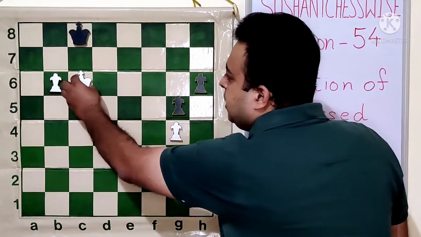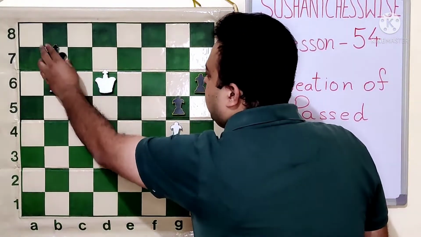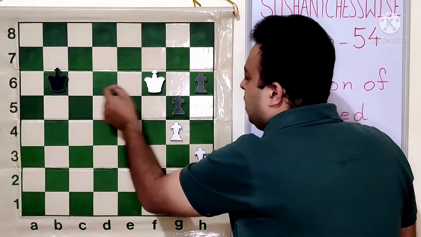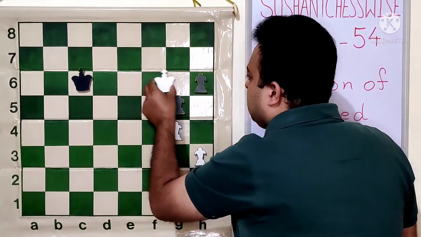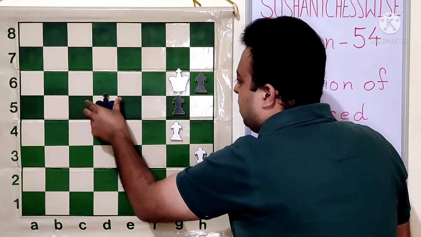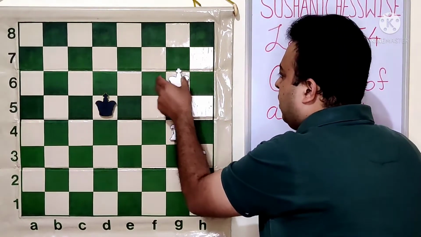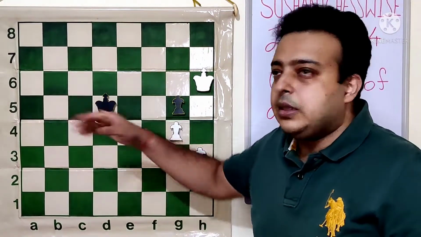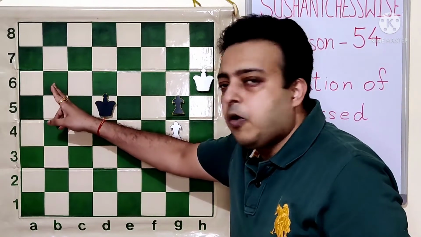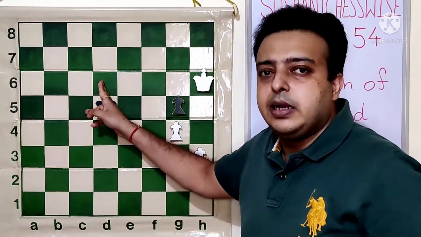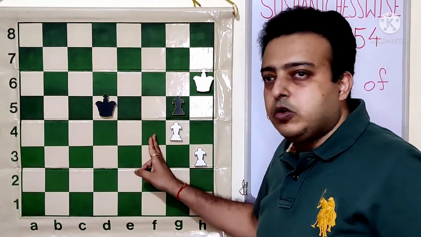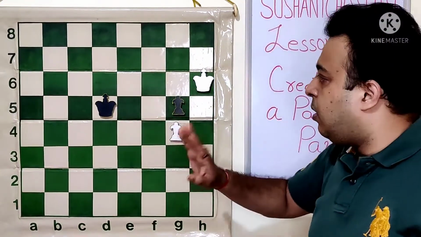So king D6, KB7, KE6, KB6, king F6, KC6, KG6, KD5, king into H6, and now see the black king is far away. That is why white had not given up the pawn on B6 instantly by playing KD6. Black would have been somewhere here then, here or on the F4 square. Now the black king is far away.